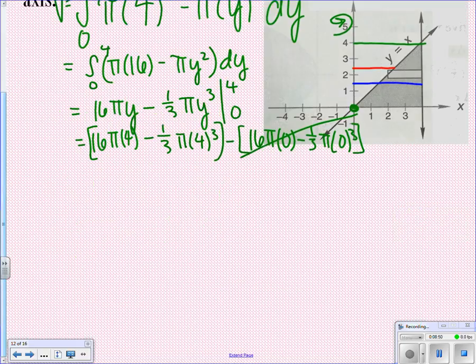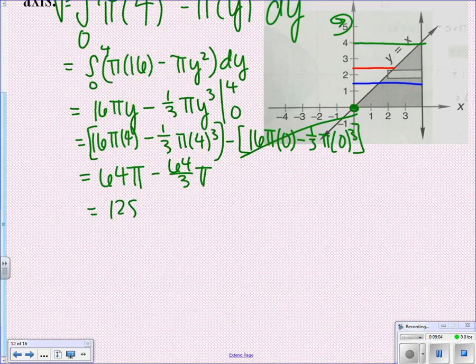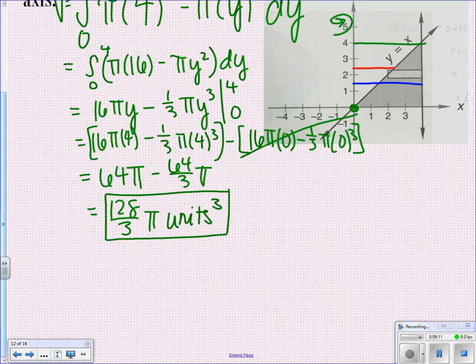So now 16 times 4 is 64 pi. And then 4 cubed, 64 over 3 pi. And so if you simplify that, you're just going to get 128 over 3 pi, and then again units cubed because we have volume. And so that would be the volume of the figure that is rotated about the y-axis.